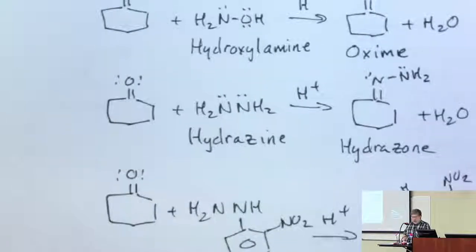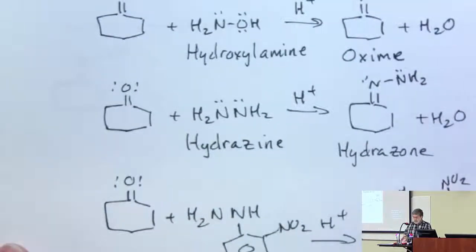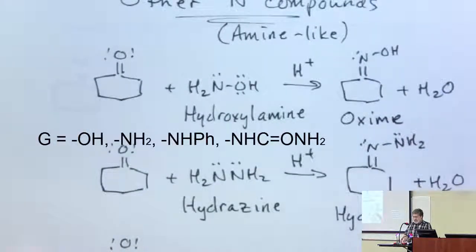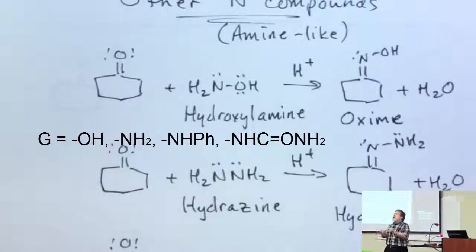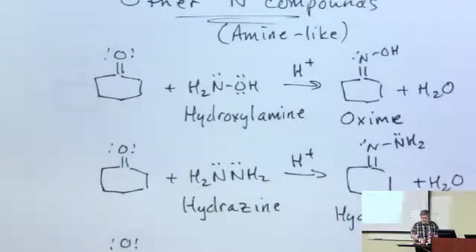Just take a quick look again. When you make the product, you've got an OH, an NH2, and you got an N with this aromatic ring attached. They're all electron withdrawing groups, correct? They're all electronegative, so they're pulling electron density out of the system.